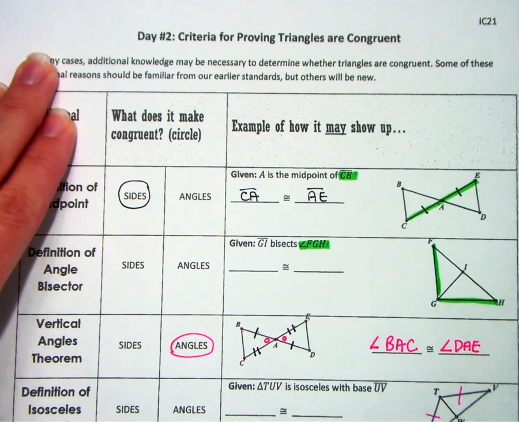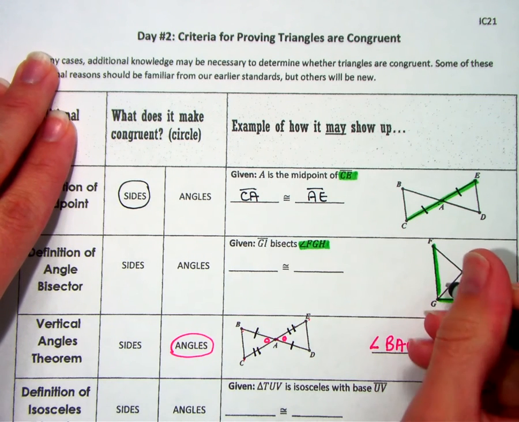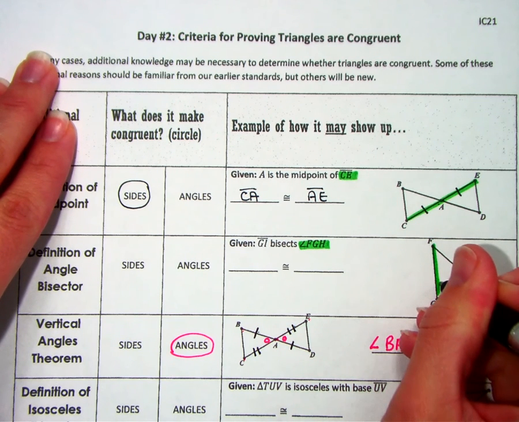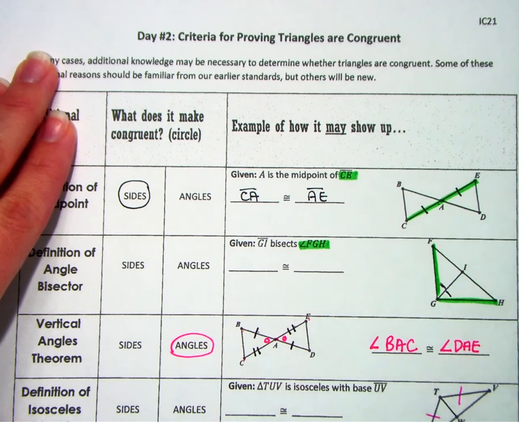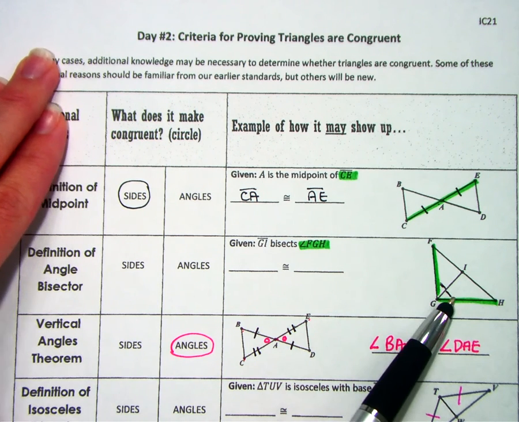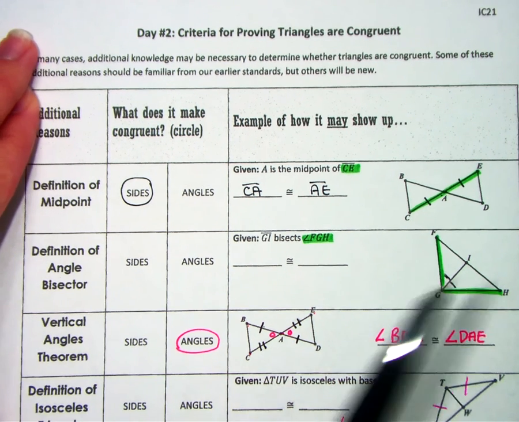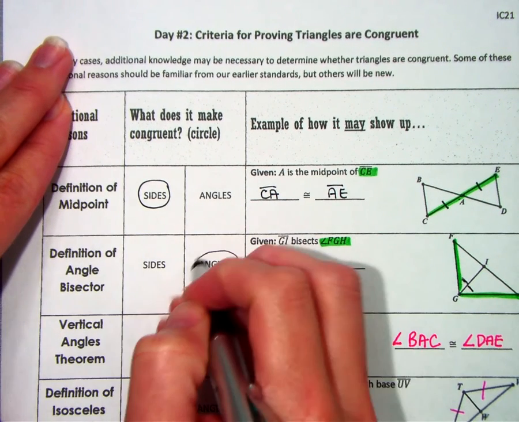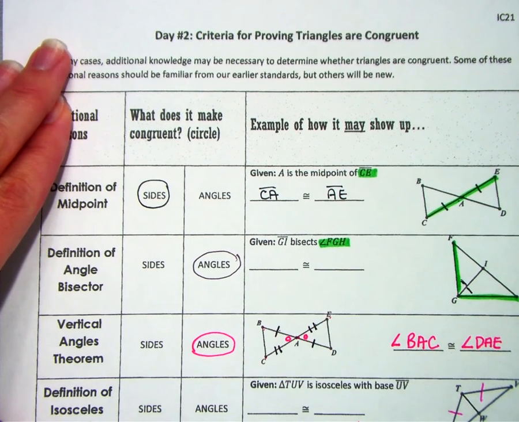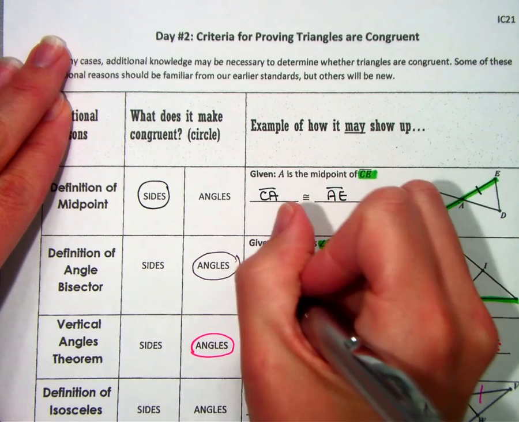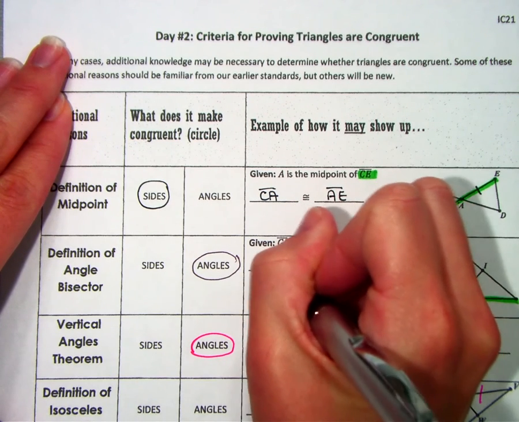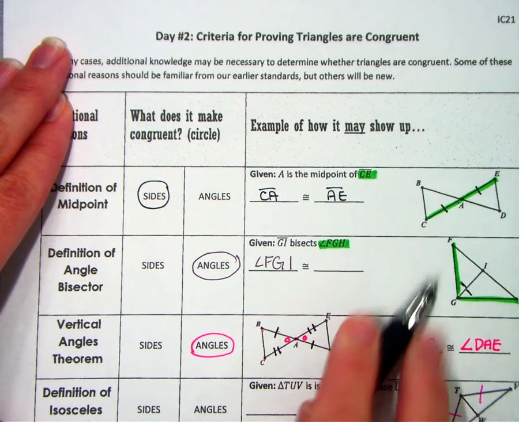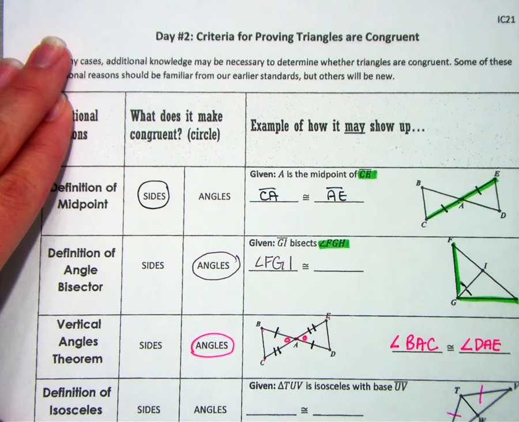So what are the two congruent parts here? It's going to be this side of the angle and this side of the angle. So I'm going to make this marking using the definition of an angle bisector. That gives me a set of angles, and specifically, angle FGI and angle HGI.